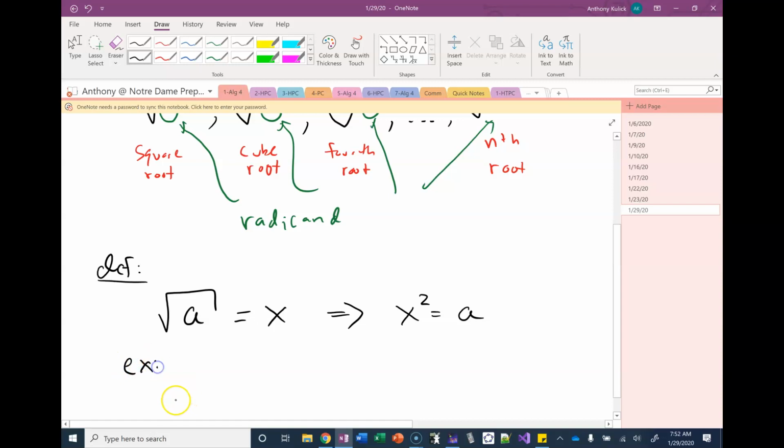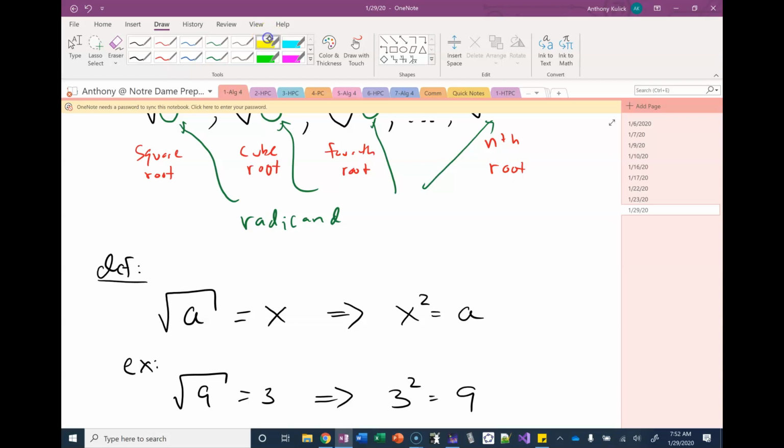So for example, if the square root of 9 is equal to 3, that tells us that 3 squared is 9. The power should be matching the index on my radical.